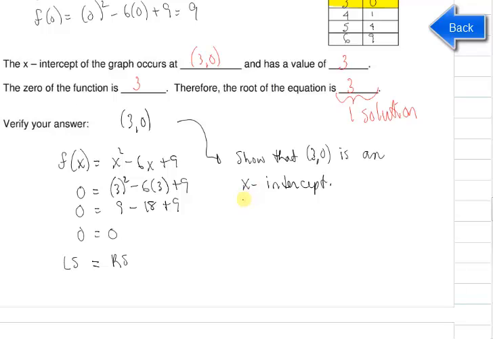And we would want to do that by showing that y is equal to 0. Okay, if we can show that y is equal to 0 when x is 3, then we also know that we have an x-intercept. Okay, and that concludes our discussion.